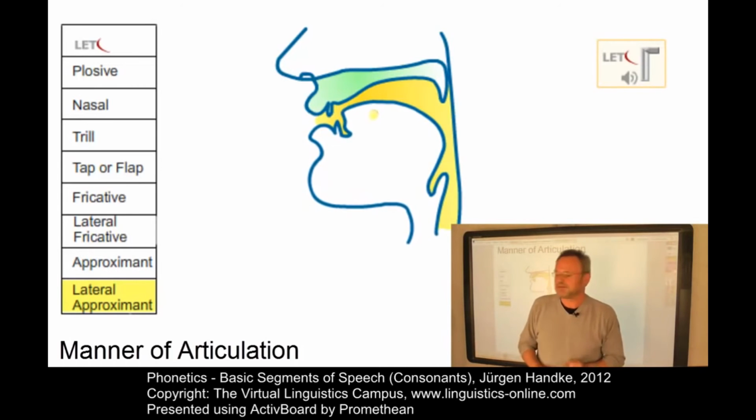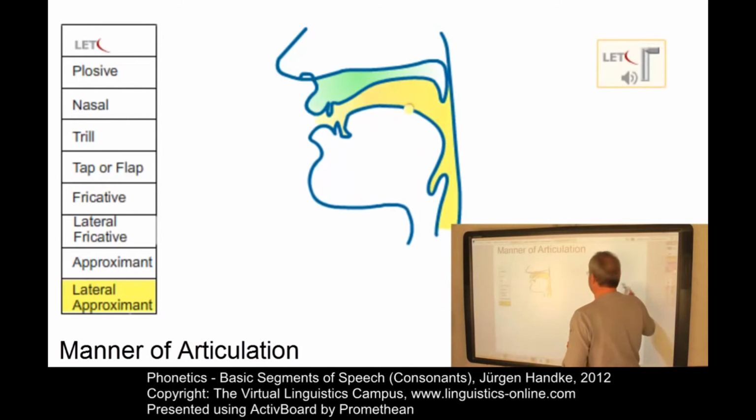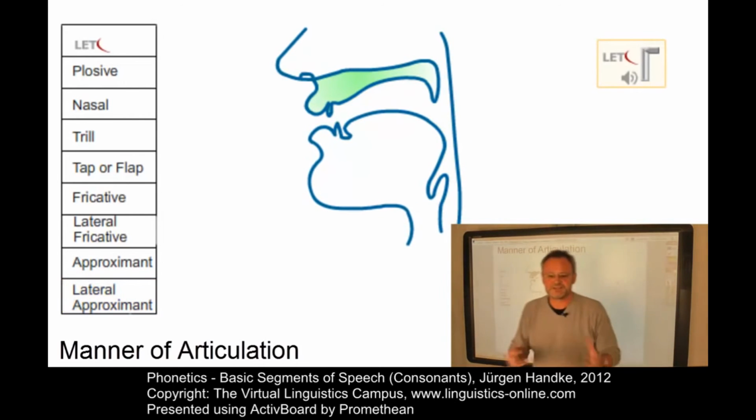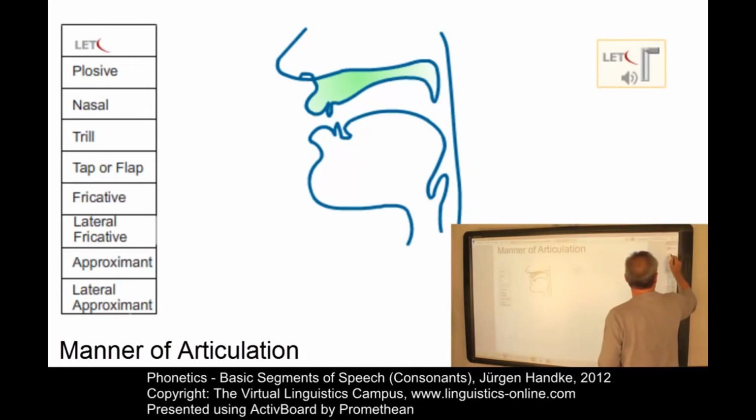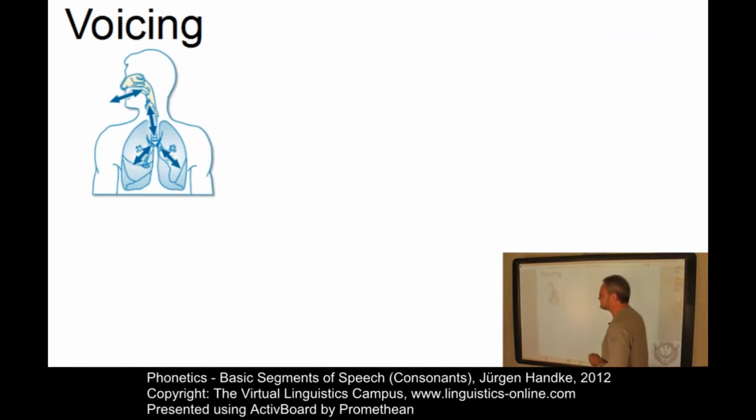Having defined the central parameters, place and manner of articulation, we can now turn our attention to the state of the glottis. Now, most speech sounds are produced with a pulmonic airstream, that is, with an airstream that comes from the lungs.